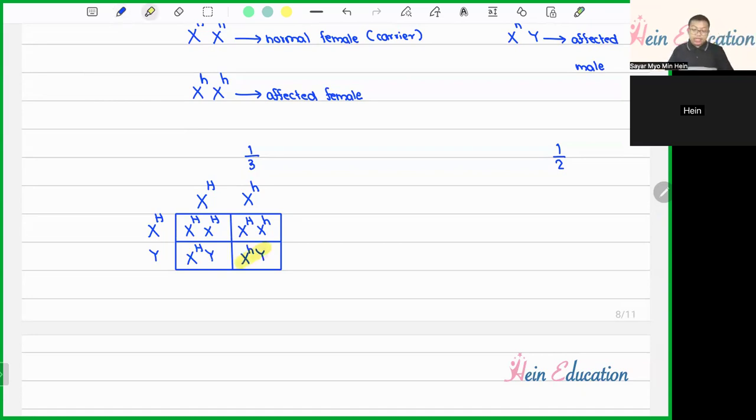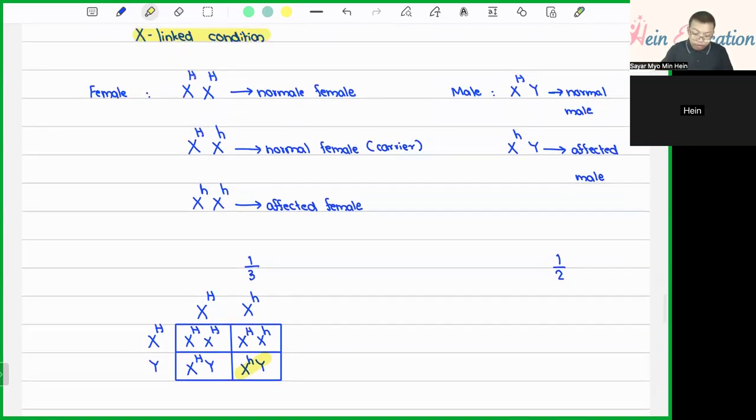So you can see that's why we call the heterozygous condition in a female a carrier, because she has the potential, or she has the gene that can lead to one of her sons having the condition, right? Because she is carrying one gene, or that allele that can pass on to her offspring. So that's why it is a carrier female, right?